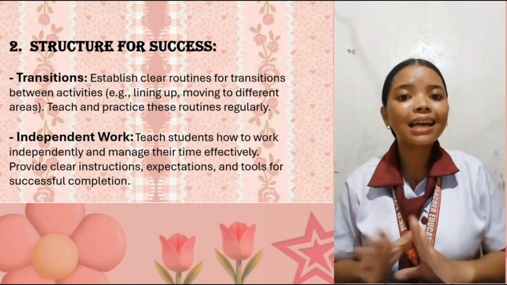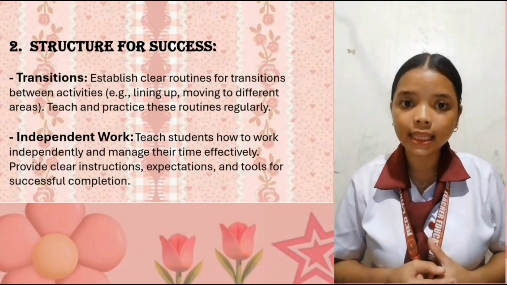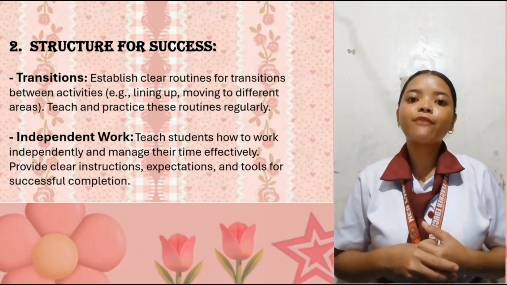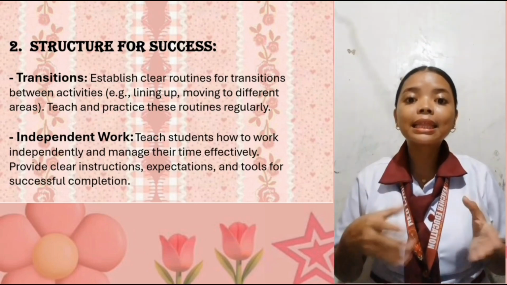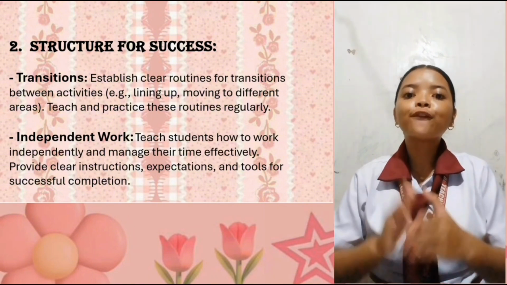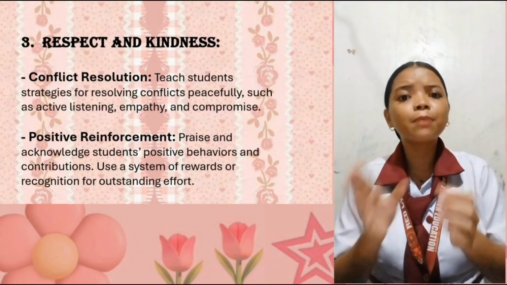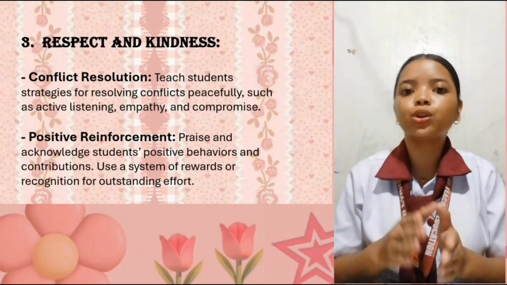We also have independent work. Teach students how to work independently and manage their time effectively. Provide clear instructions, expectations, and tools for successful completion. Number 3, we have respect and kindness. It belongs to conflict resolution.